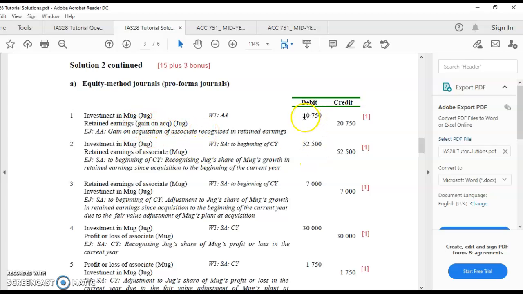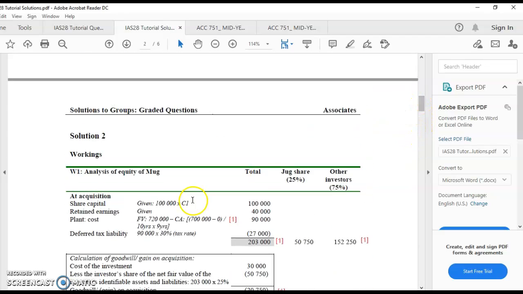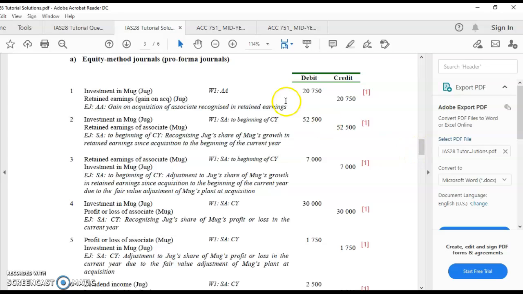So there was a bargain purchase at the beginning of 20,750. It increases our retained earnings and it increases our investment, so you debit the investment account and credit retained earnings.